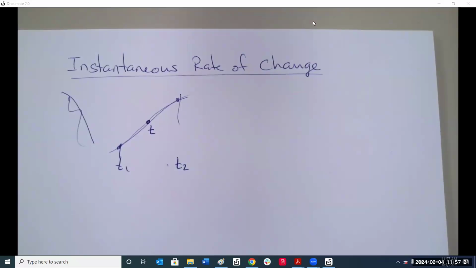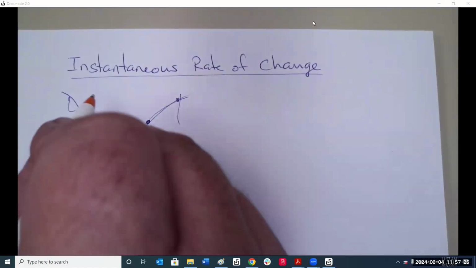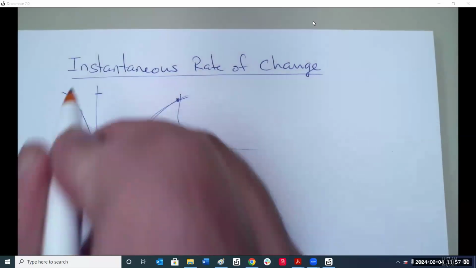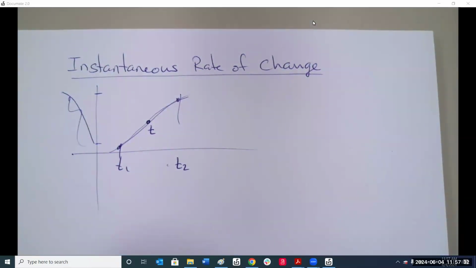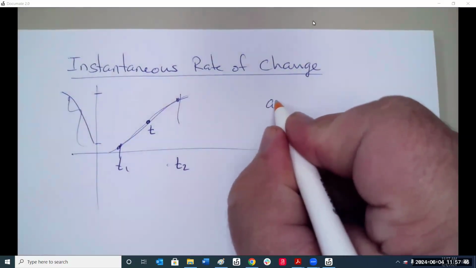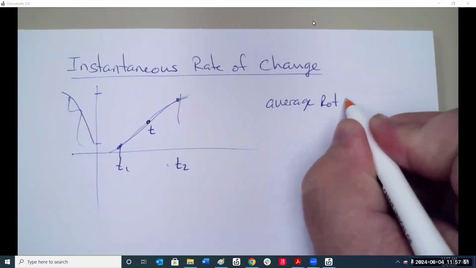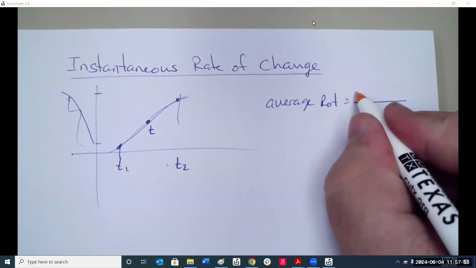So how do we find the instantaneous rate of change? We know rate of change is the slope. How do you think we'd find the instantaneous rate of change? Well, the average. How is that going to work?